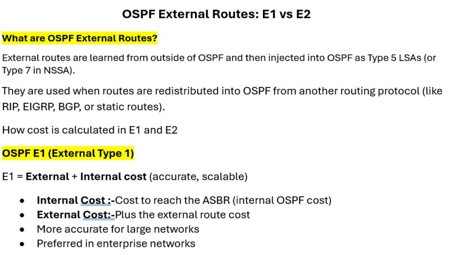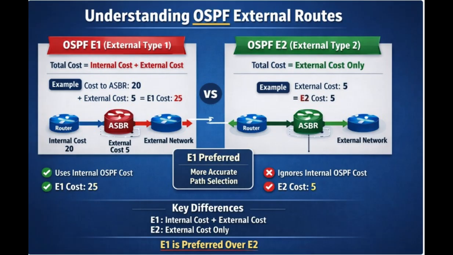The internal cost is the cost to reach the ASBR from the local router, and the external cost is the cost from the autonomous system border router, the ASBR, to the destination, right? E1 is more accurate for large networks, and is preferred in enterprise networks as well.